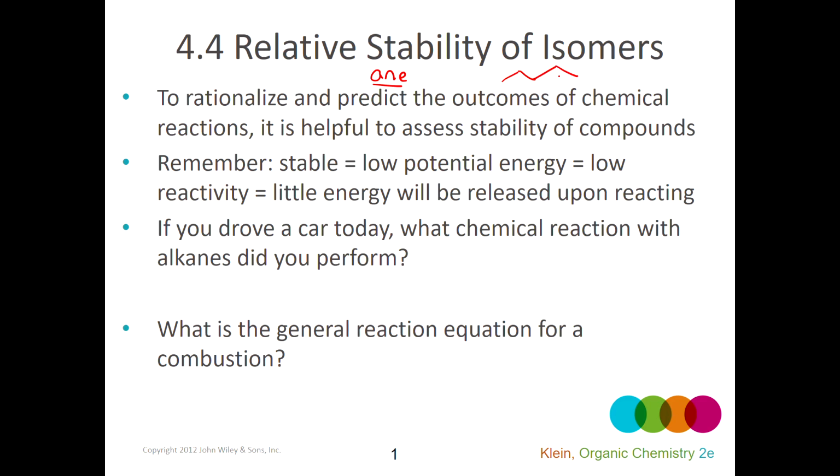If I have branching up here, my longest chain might not always be shown as a zigzag horizontally. I've got to find the longest chain of carbons and then name the side groups. We'll be working with that naming system a lot this semester and next semester, so you really want to practice that up and get pretty good at it.